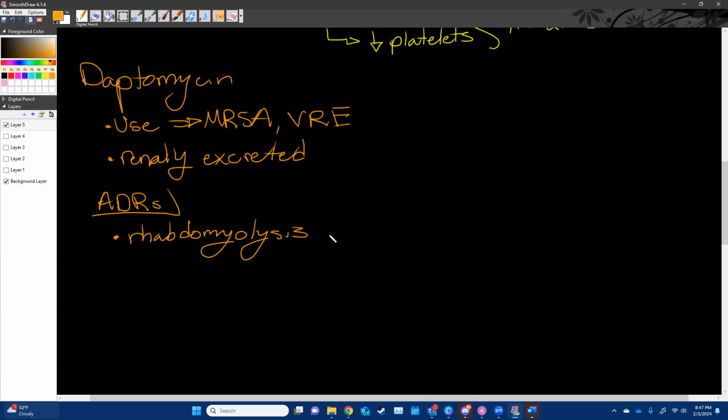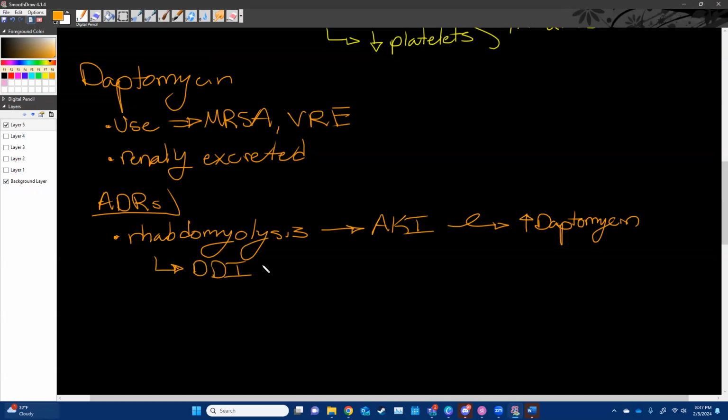So you end up with rhabdomyolysis, which of course we know can lead to an AKI, which will lead to a rise in daptomycin levels, right? So what are some of the things that we have to worry about with daptomycin?